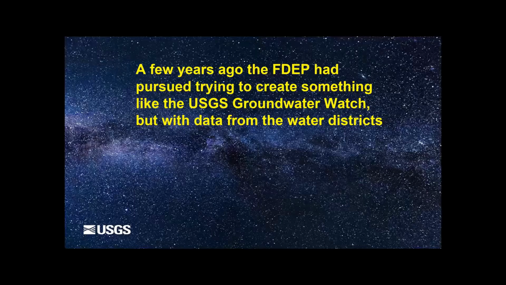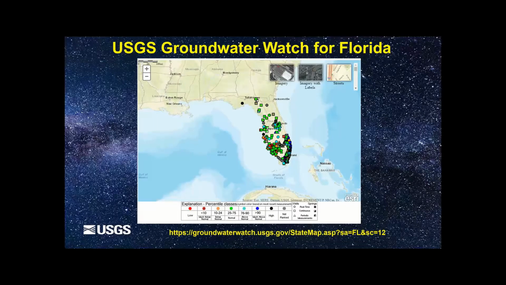EP had pursued trying to create something like the USGS Groundwater Watch, but with data from the water district. So this is the USGS Groundwater website, and you can see that there's a map and a whole bunch of symbols on the map, and everything breaks down into percentile classes.